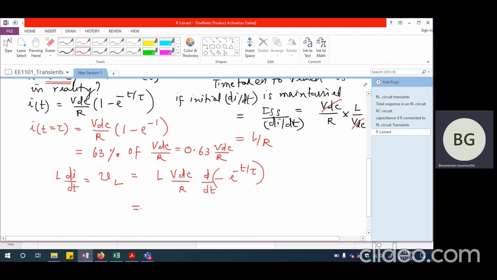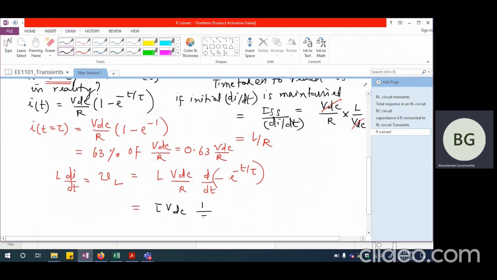So this will be VDC divided by tau, because R by L, right? So L by R, so I should say VDC multiplied by tau. This is VDC multiplied by tau. L by R is tau. So I'm going to have tau multiplied by VDC. And when I am differentiating this, I should have minus into minus plus.